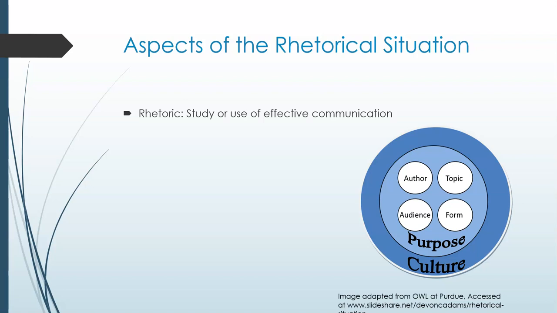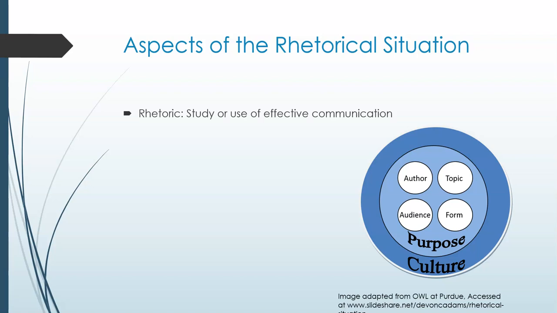We will discuss each aspect and how you can use an awareness of that aspect to help you make choices that will make your writing as effective as possible. In one way, rhetoric is simply being aware of the choices that you make in your writing and being conscious about making the best possible choices rather than proceeding on autopilot.